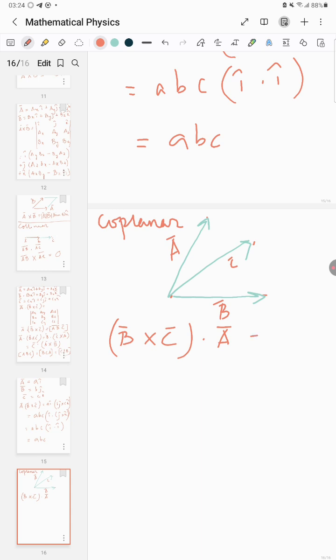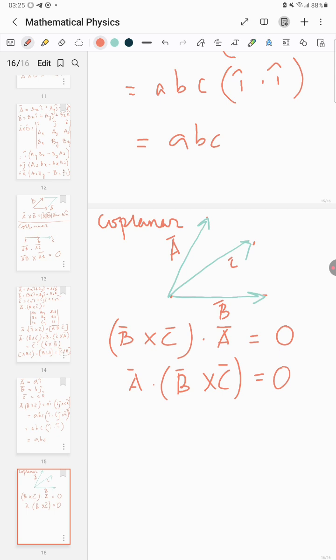So A dot B cross C will give 0. So for 3 vectors or 4 points to be coplanar, A dot B cross C needs to be 0.